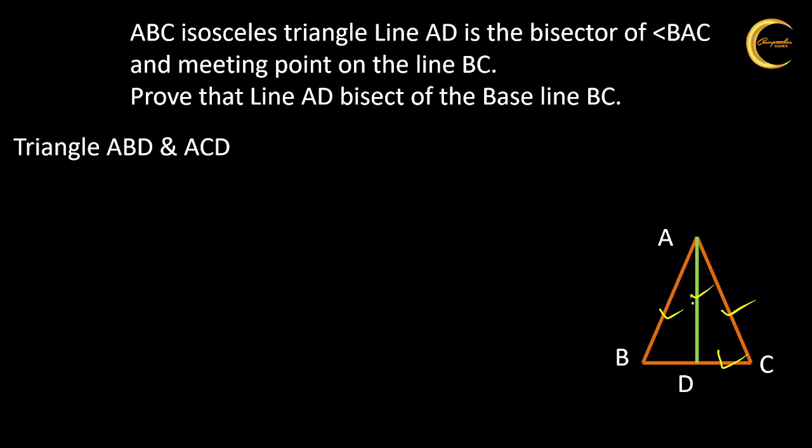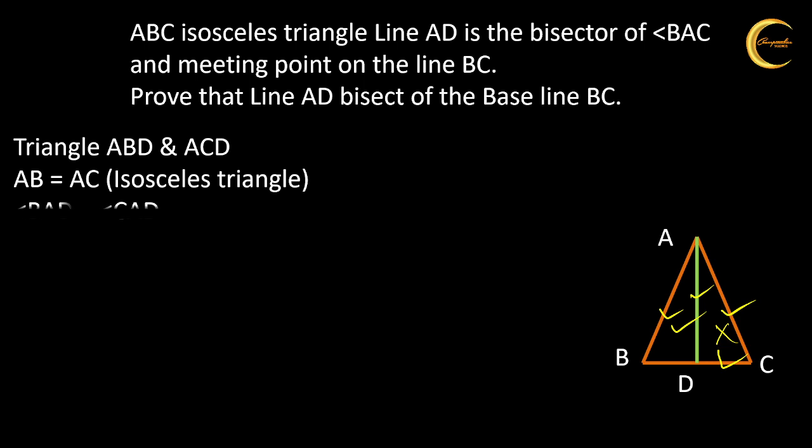One triangle is the ABD triangle, and another triangle is the ACD triangle. Okay. So if we prove these two triangles are equal in all respects, then we can prove that this BD line equals the DC line. So let's see our proof.